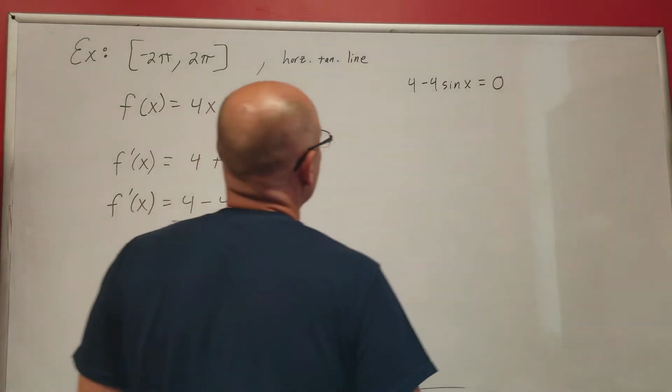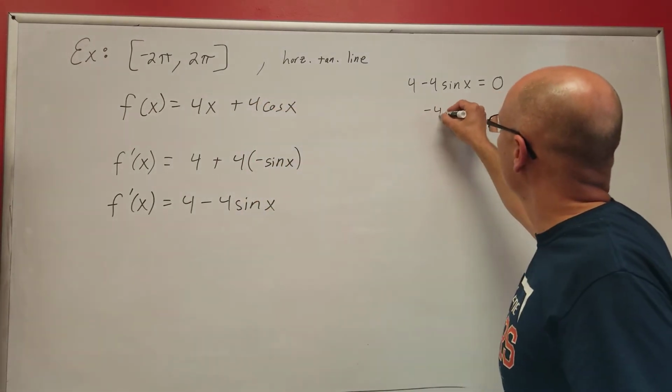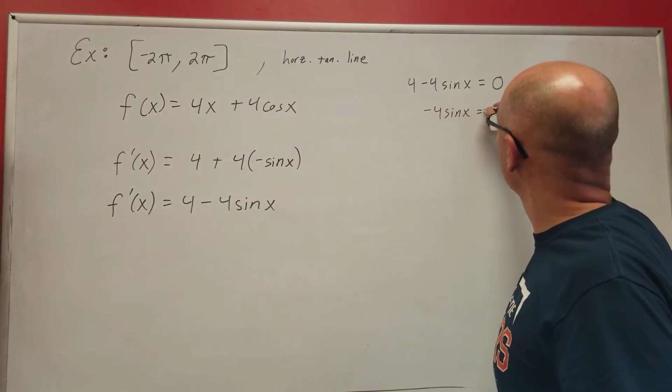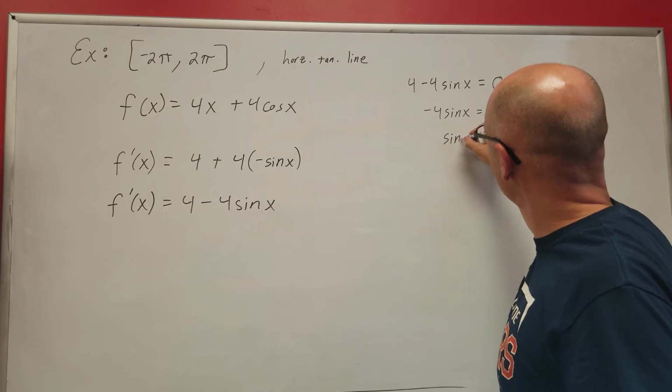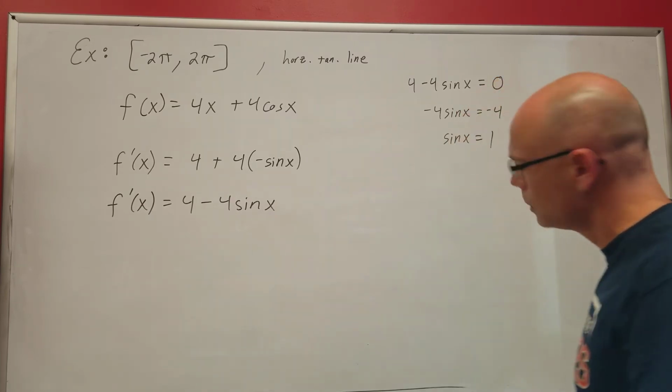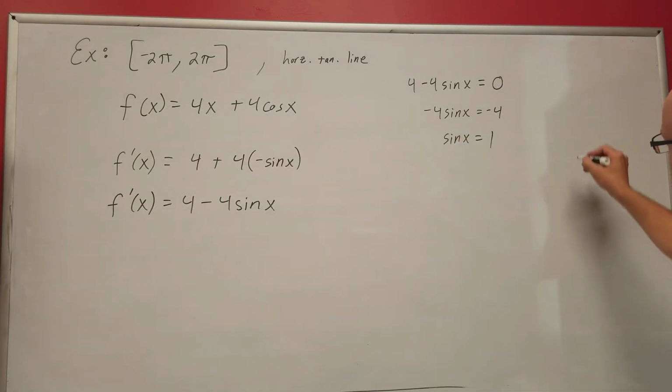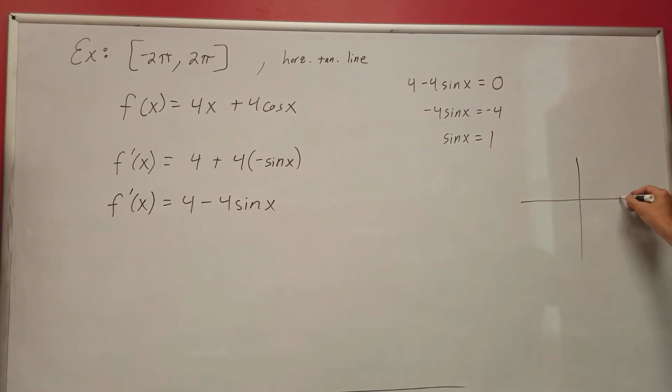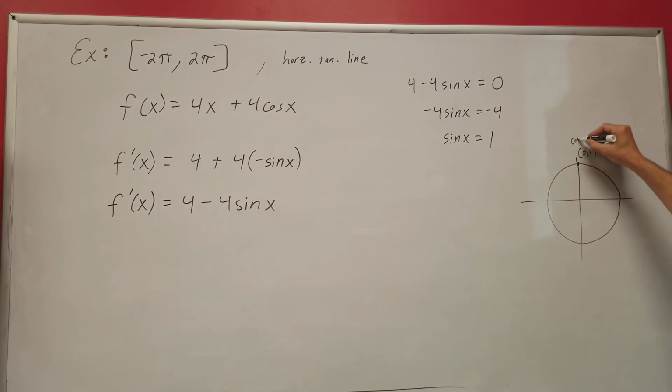Let's see. I can say negative 4 sine of x is equal to negative 4, so sine of x is equal to 1. Where is my sine of x equal to 1? Well, sure, I'm glad I memorized my unit circle, right? Because when I memorized my unit circle, I had the point 0, 1 right here, and that was cosine, sine.